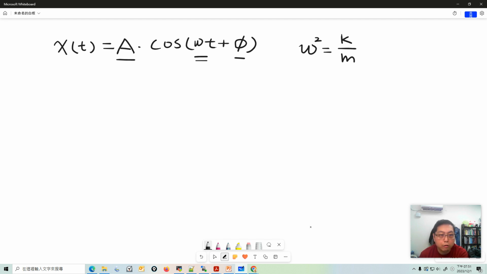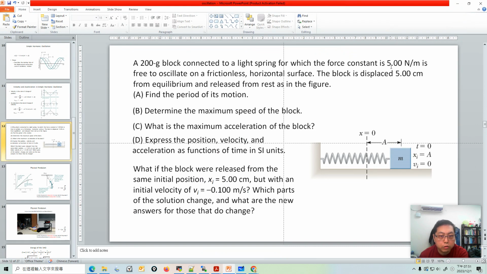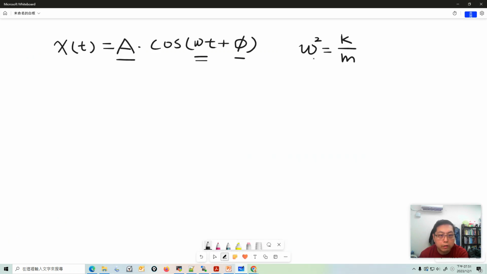Don't forget it. Do we have information on k and m? I think we have. The force constant k is 5 Newton per meter, and the mass is 0.2 kilograms. So omega squared is 5 over 0.2, and you get omega equal to 5 per second, actually radians per second.